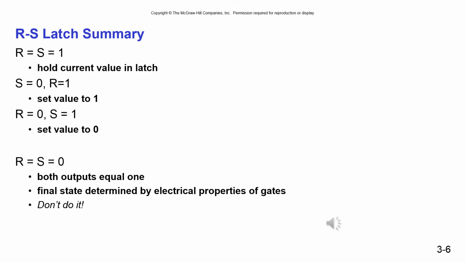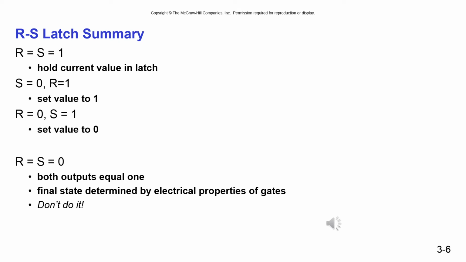To review what was so elegantly covered in the video in the timeline, the RS latch, and this is the real mystical part of this, when R equals S equals 1, we latch, we store the value that was on the output, whether it was a 0 or a 1, to the next state.